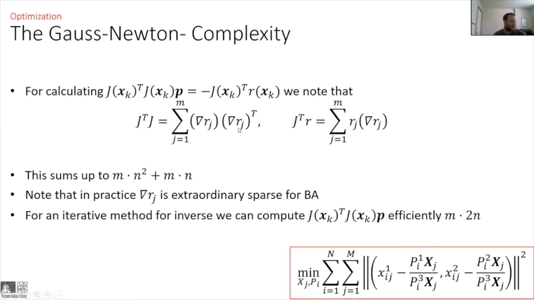You multiply it with the gradient of Rj, which is an operation, and another operation to multiply it with the vector of the residual, and you do that n times. So multiplying P with J transpose J is just n times 2n operations. And if we take advantage of the sparsity, we can do that very efficiently.